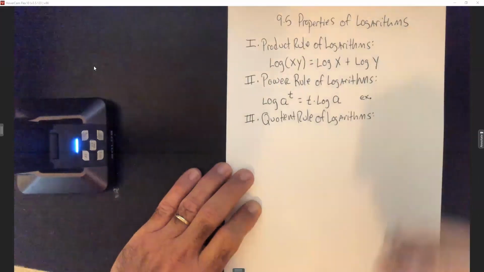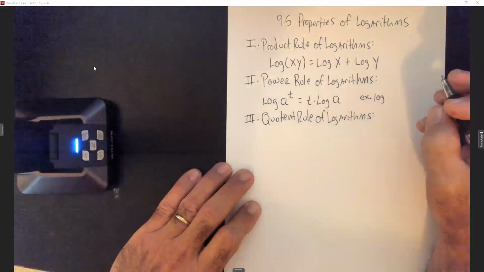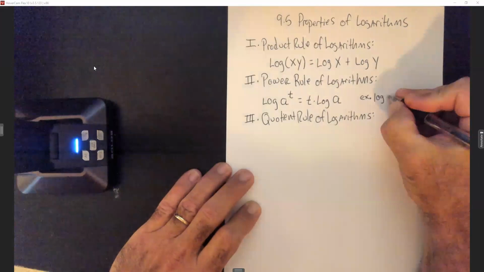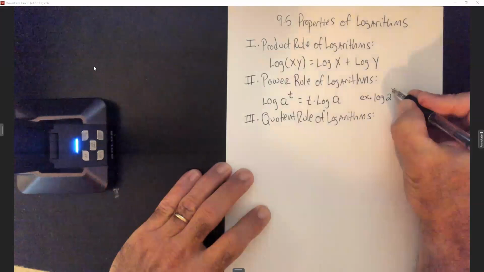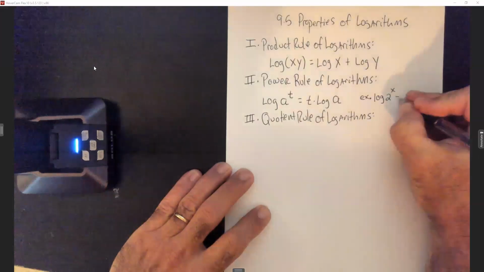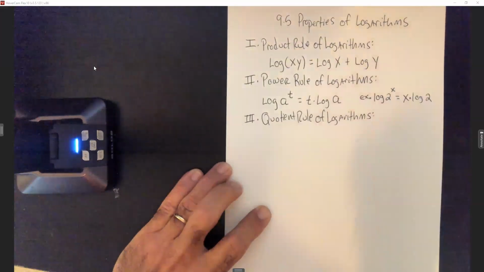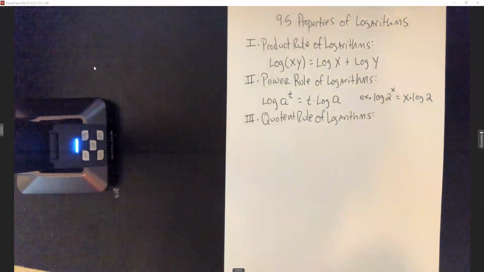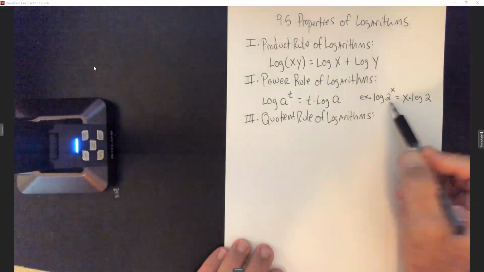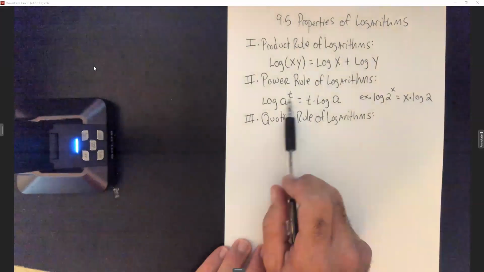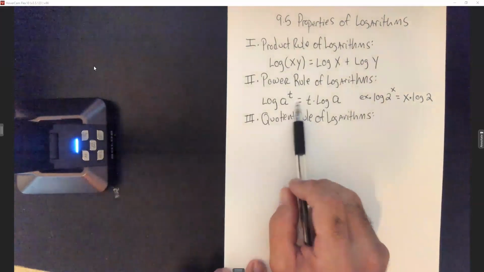Say I had log of 2 to the x. What this rule is telling me is that I would bring that x down front and rewrite this as x times the log of 2. But the 2 could be a number or a variable. When they give you rules like this and use letters, they just want you to realize that these letters can be any number or any variable.